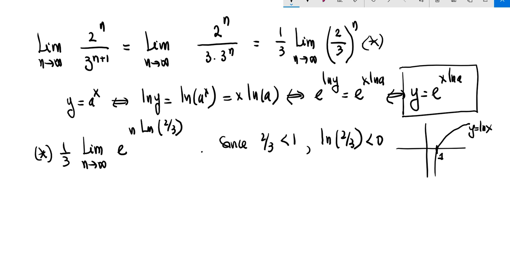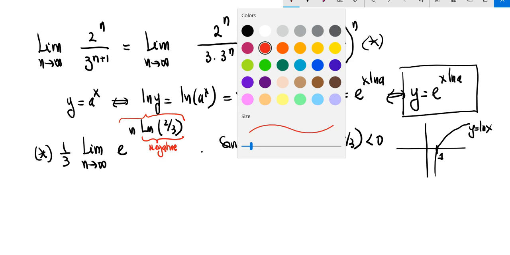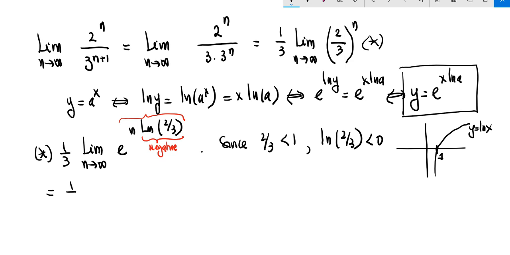So this thing here that we're looking at is a negative number, and as n is getting bigger and bigger, all of this here will be extremely big. So this is diverging to negative infinity. So the exponential of a big number in absolute value but with the negative sign will be 0. So you get 1 over 3 times 0, which is 0.